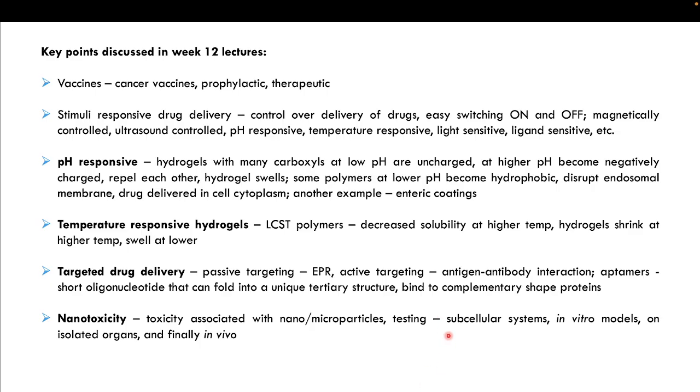Experiments can also be done on isolated organs. For example, I take a mouse, I extract its liver, and then put my nanoparticles along with that liver and see what is happening to the liver cells. These are all your in vitro studies.